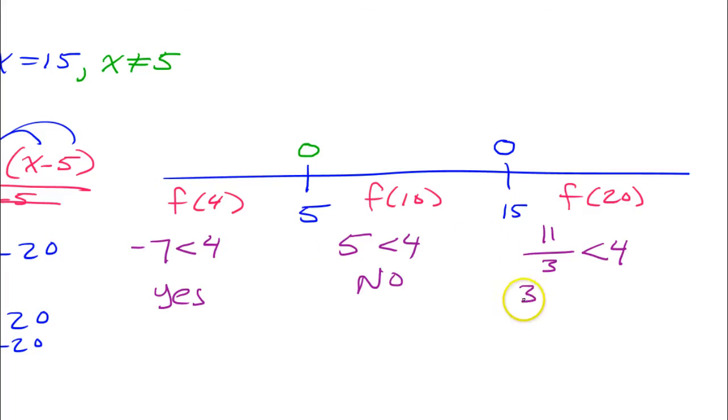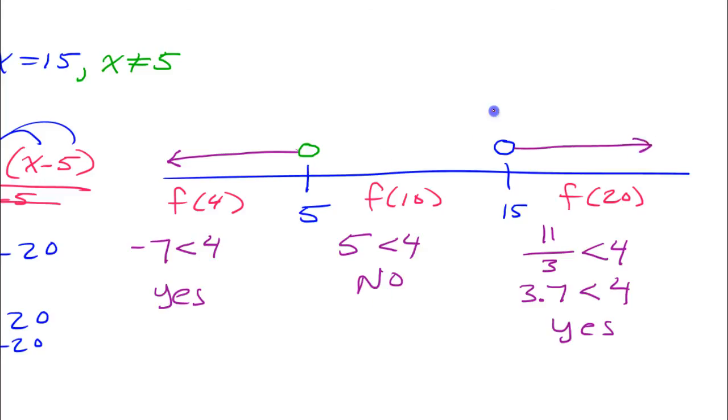So this is like asking, is 3.7 less than 4? Well, yes, it is. So the yeses show me where the solutions are. So I have solutions in this interval, which I will draw as an arrow, and I have solutions in this interval. There are none in between. So, interval notation.